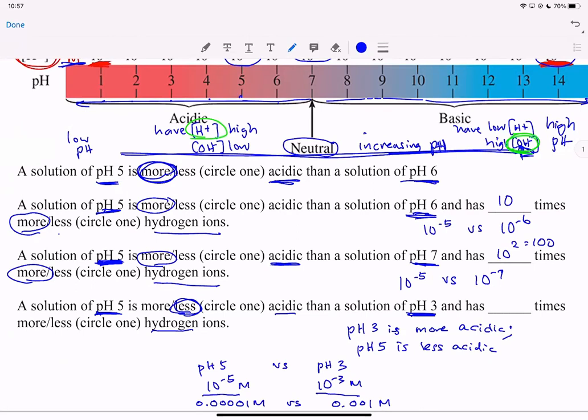And so this number means less hydrogen ions in the pH 5 solution. It's less acidic, so there are less hydrogen ions.